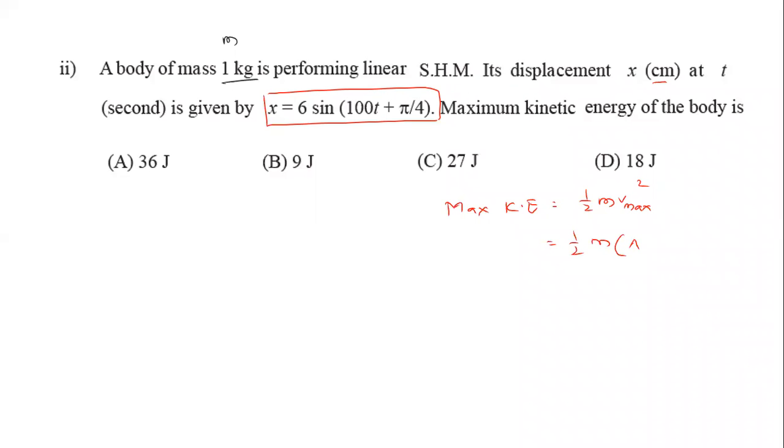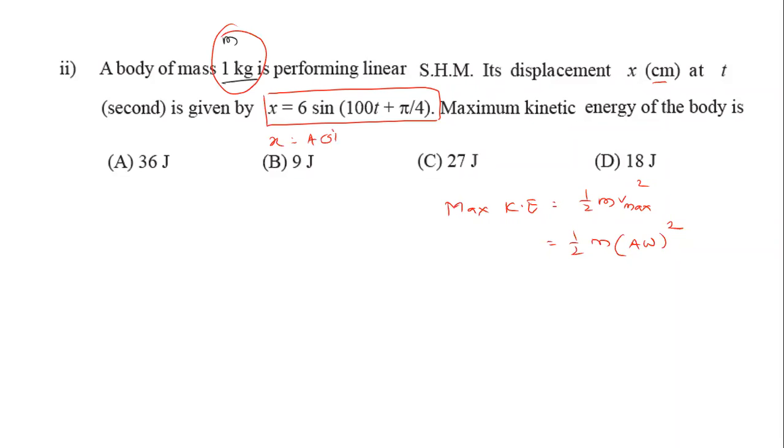So let me substitute here the values. 1 by 2 m. So how much is the m that we decide? So m is 1 kg, and this equation we have to compare with the standard form.